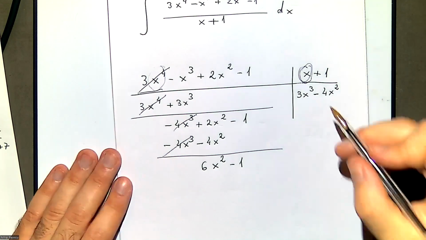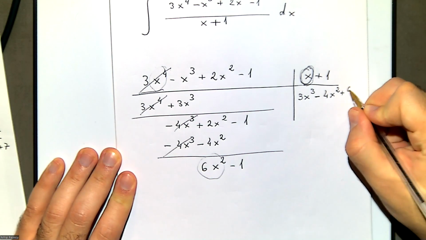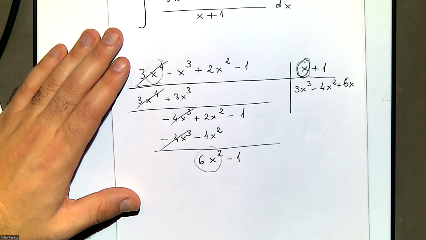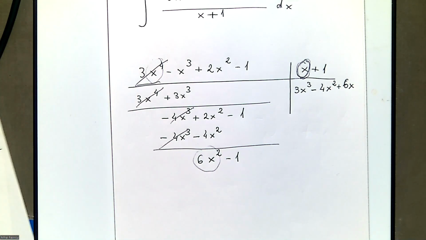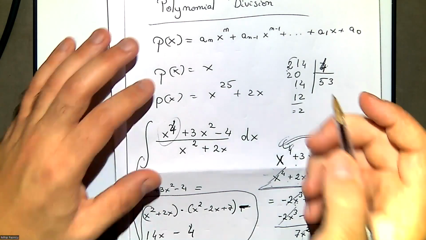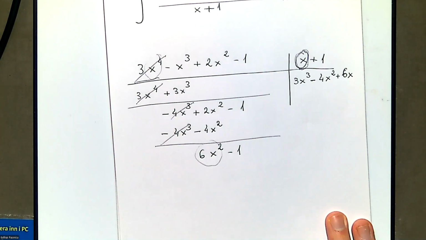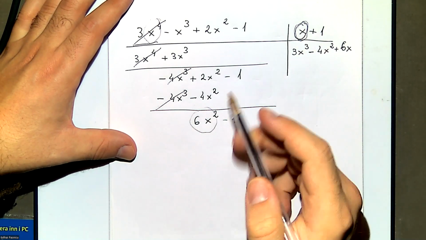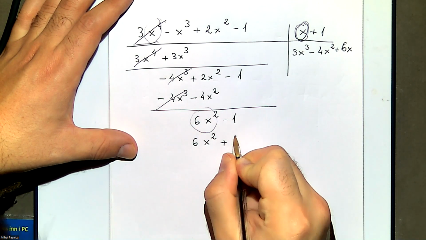Again, same old question. How many times does x go in 6x squared? The answer is 6x. You're always, like in the division example, subtracting this thing. So 6x goes in 6x times, so this is 6x squared plus 6x.